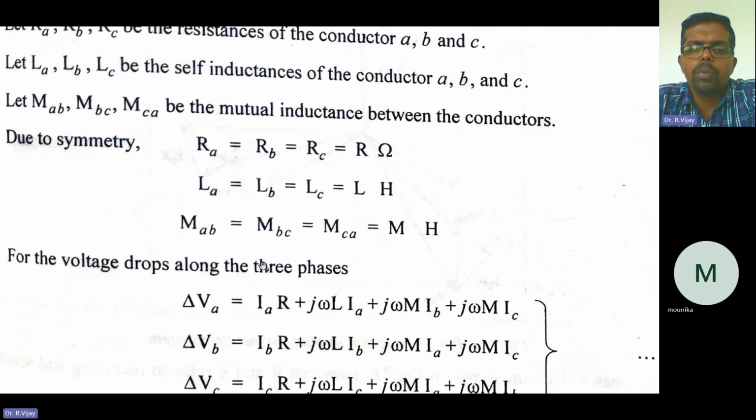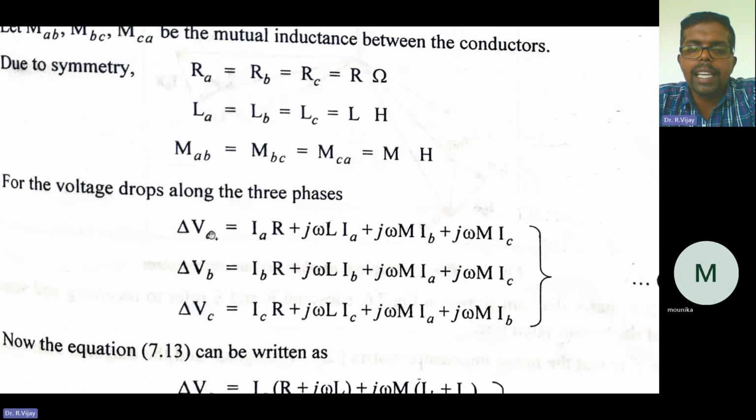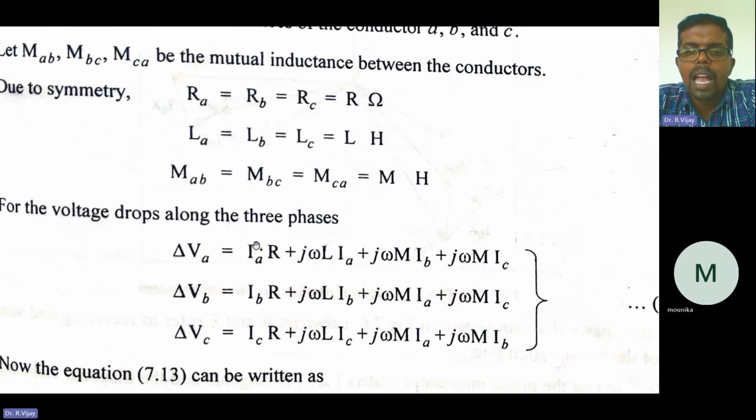So for the voltage drops along the three phases, the change in voltage ΔVA is equal to IA·R plus jωL·IA.